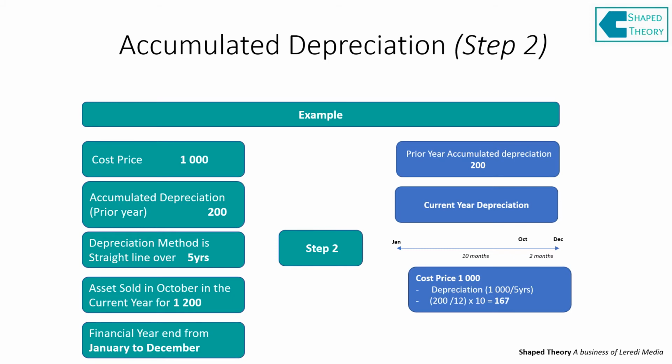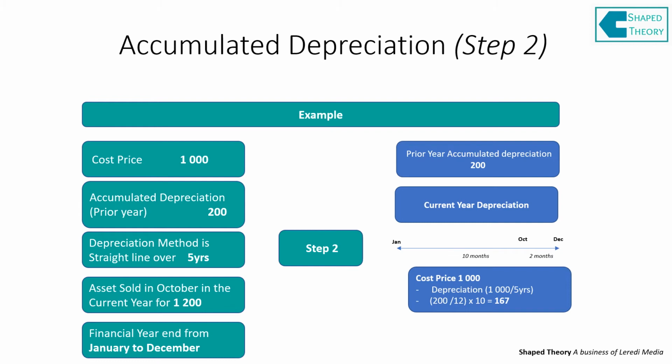We know that the cost price of the asset is 1,000 and the useful life is 5 years. We will therefore take the cost price of 1,000 and divide it by the useful life of 5 years, which will give us 200. This 200 is for a 12-month period. We therefore will need to apportion this 200 to make it a 10-month amount.